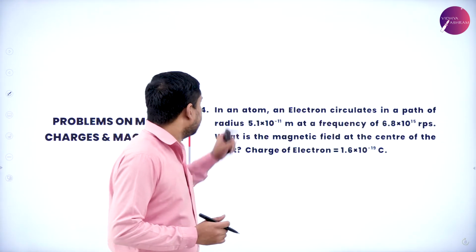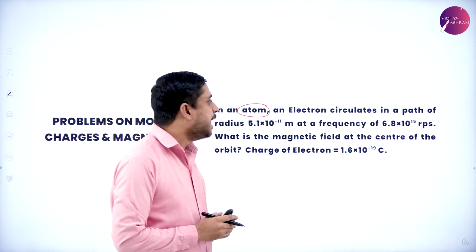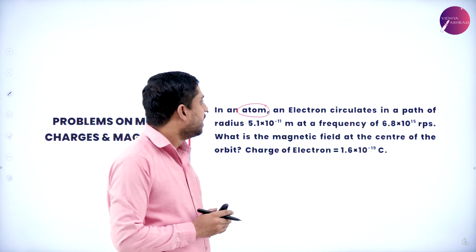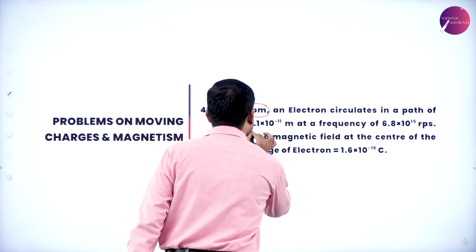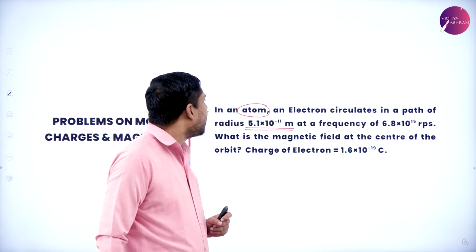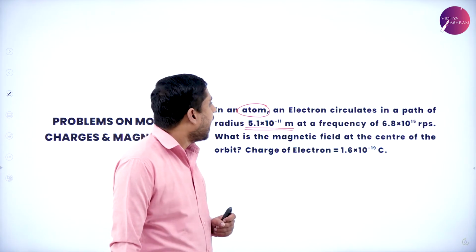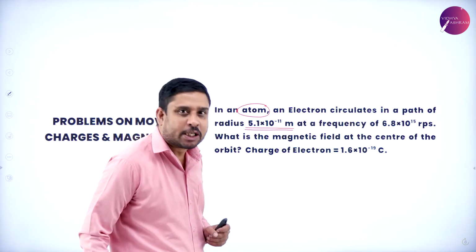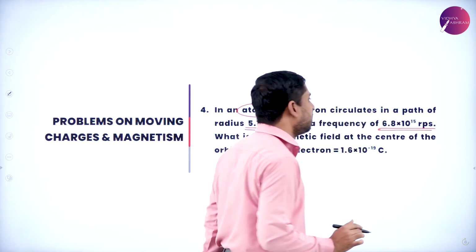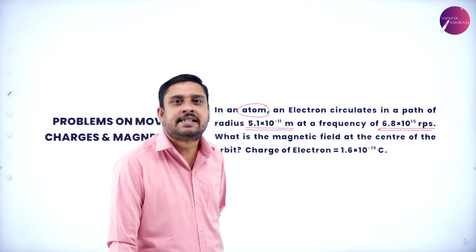Interesting one. In an atom, an electron circulates in a path of radius 5.1 into 10 power minus 11 meter at a frequency of 6.8 into 10 power 15 rotations per second.